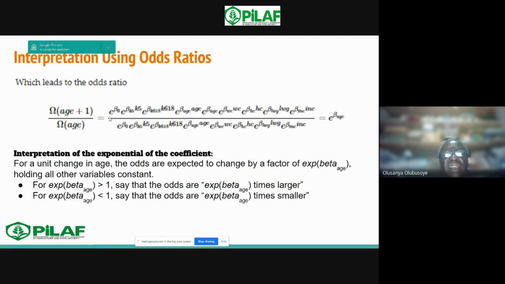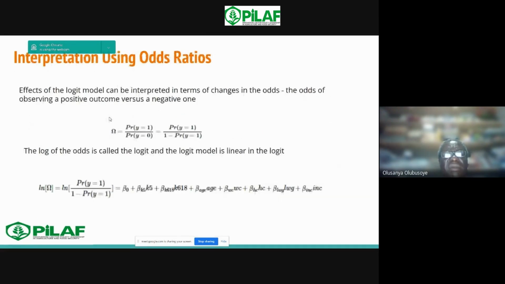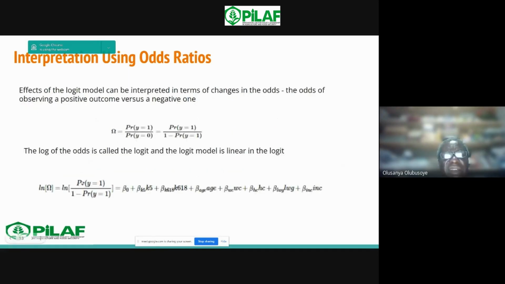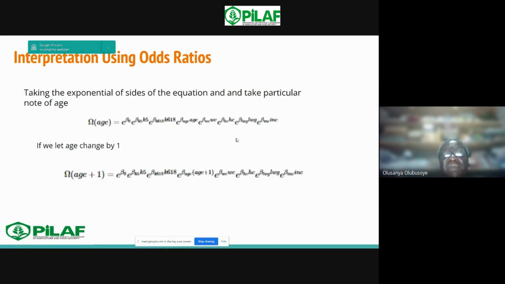If I take the exponent of this side, then I will simply have the odds ratio. So if I take the exponent of this side, then the log will go away, and each of these will have that exponent. So that's what is happening. But I just put age here because I'm interested in age.